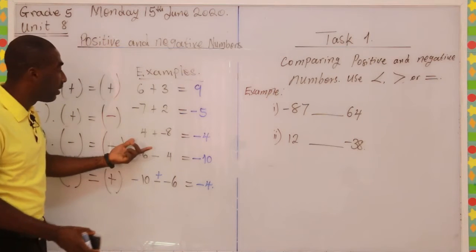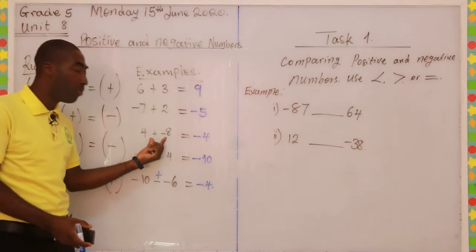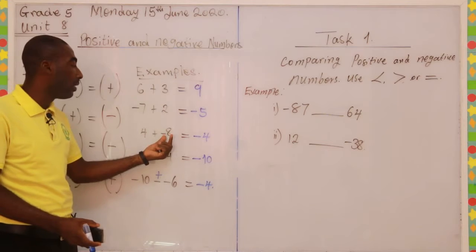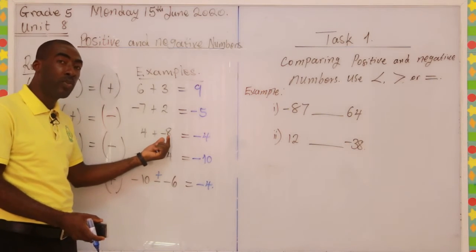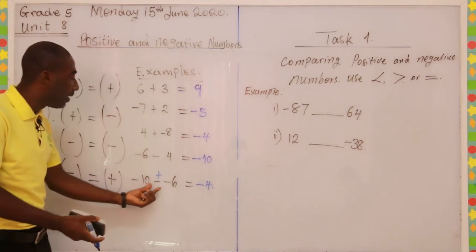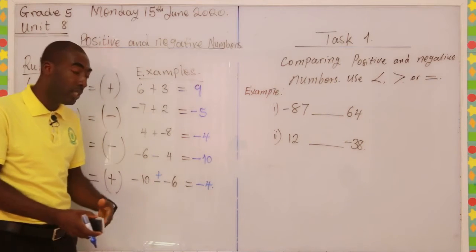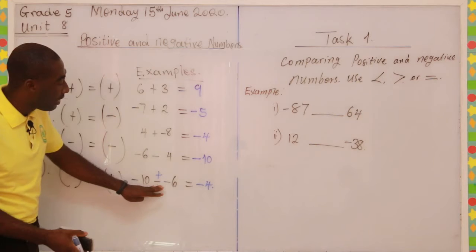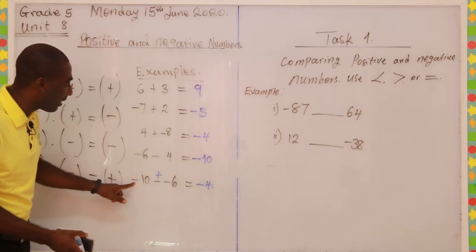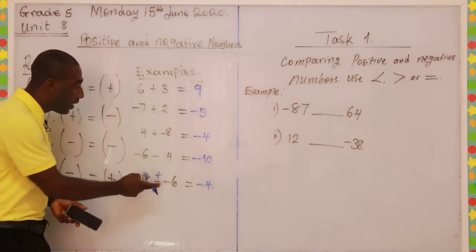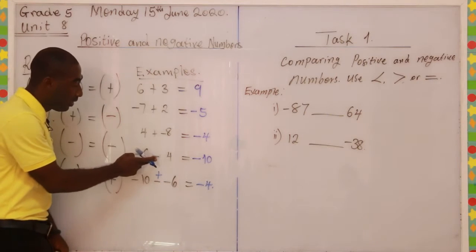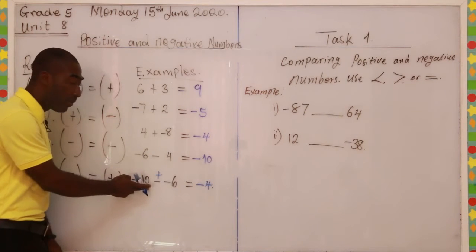Okay? But most important is how to apply the rules. When negative and positive come together, which one do you have to use? If negative and negative are coming together, how do you change it? Okay, so you change your negative and negative to become positive, but it doesn't affect this one. See the difference between this one and that of this very one.